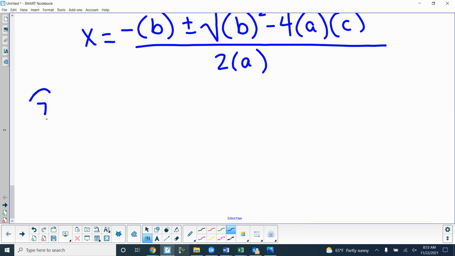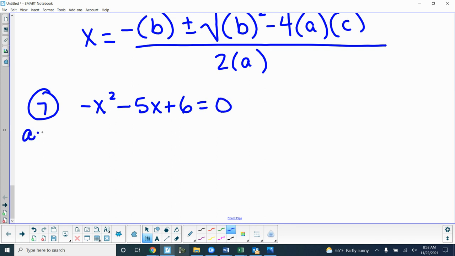So now, for number 7, our equation is negative x squared minus 5x plus 6 equals 0. So a is negative 1, b is negative 5, c is positive 6. We're just going to put those numbers into the formula.